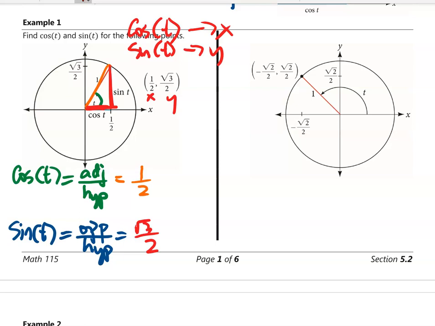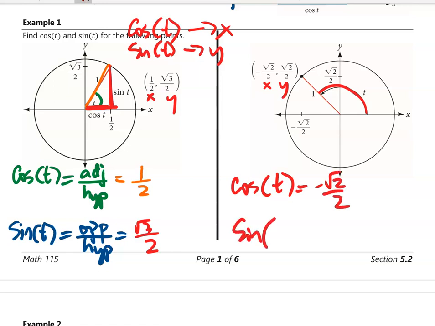So based on this, on the right, we have here negative square root of 2 over 2 and square root of 2 over 2. This is your x and this is your y. So you can say that this is angle t, cosine of t here is equal to negative square root of 2 over 2, and sine of t is equal to square root of 2 over 2.